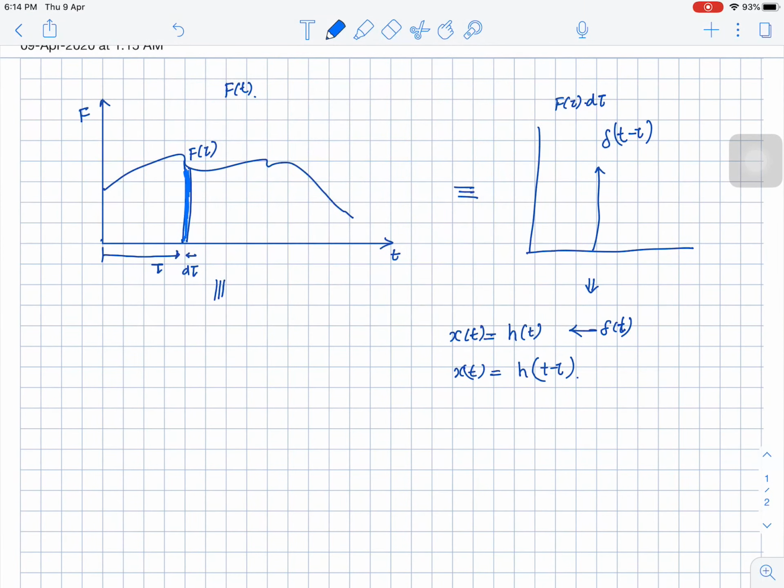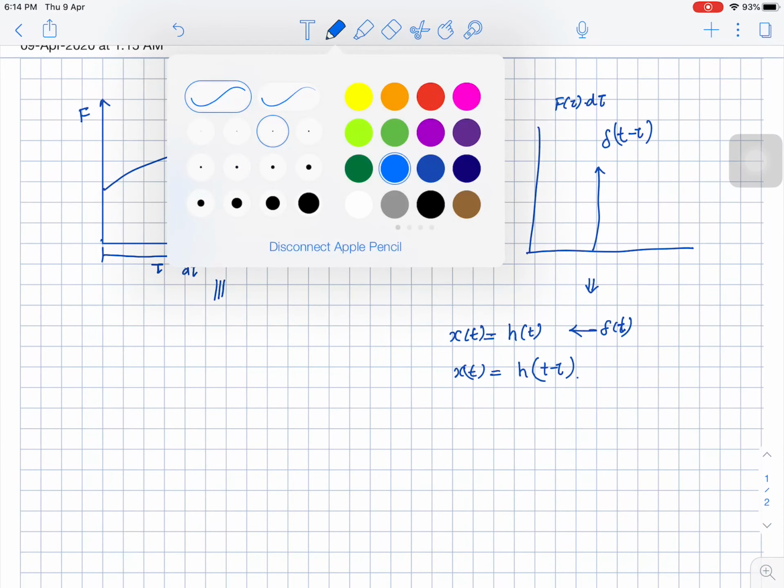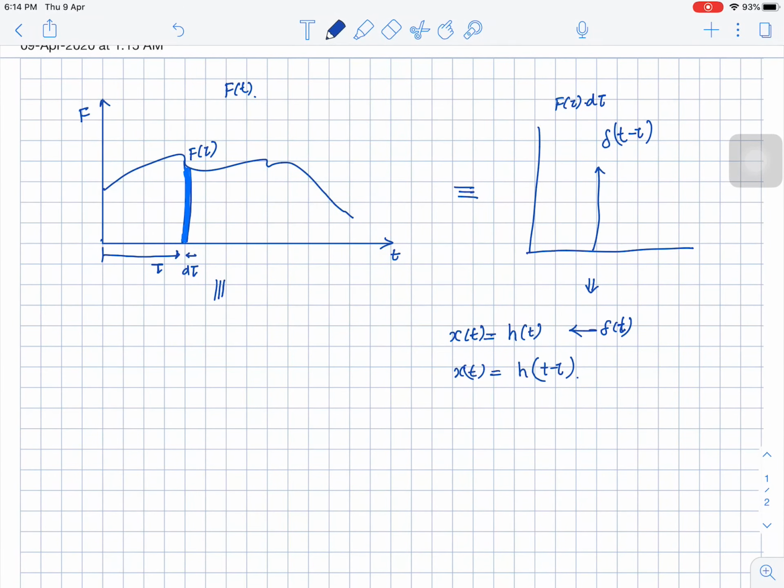So what about the rest of the strips? We need to integrate it. So then we will integrate this. This is dx of t. Then for x of t, we need to integrate from minus infinity to infinity. Here minus doesn't matter, it doesn't have any meaning.